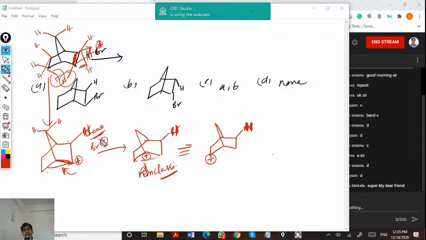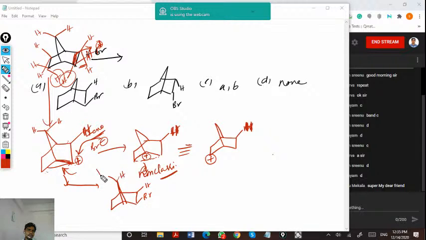If it is bromine attacking, again it should not come from the downside. It will come from the upper side, which is the less sterically hindered side, resulting in the product with bromine and H towards the same side.